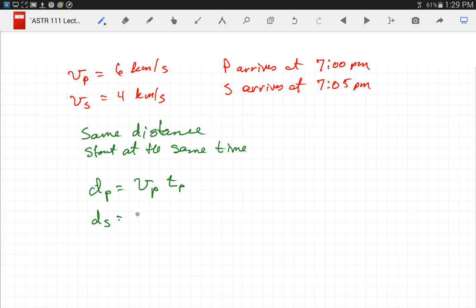So the distance for the S wave will be the speed for the S wave multiplied by the time for the S wave. We don't know the time for the S wave from the earthquake to when it got to us, or the time for the P wave. What do we know about those two times? That there's a difference of 5 minutes. So we know the time for the S wave is equal to the time for the P wave plus 5 minutes.